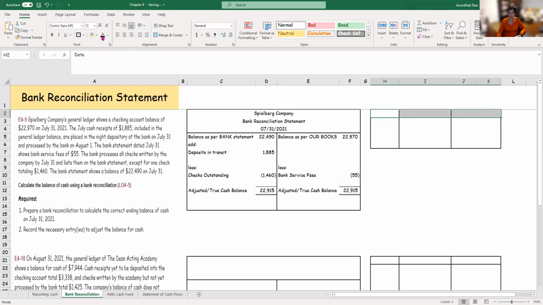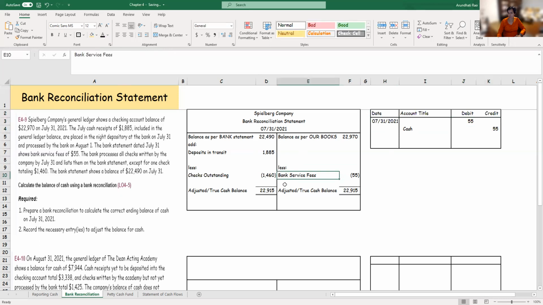Now I have to do it by way of a journal entry in order for it to change the number in the balance sheet. So this journal entry will be done on July 31st, 2021. Cash is credited. I know cash has to be credited. The amount is $55. We know that. The only question is, what account would I debit?